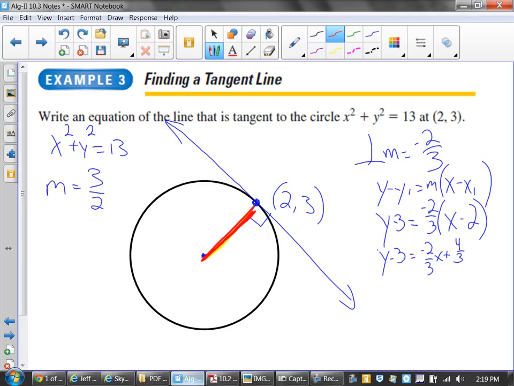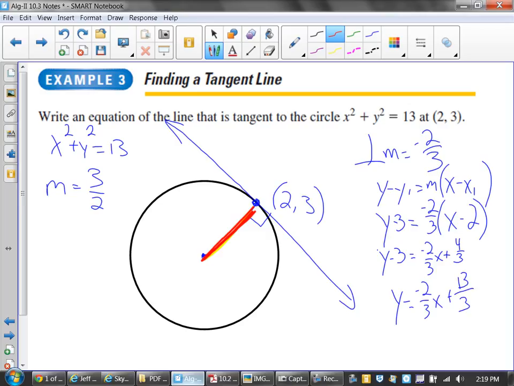Now, when we're dealing with these fractions, and we've done a lot of work lately with fractions, like with the unit circle, we got pretty good at adding common denominators real fast. If I'm going to add to 4/3, what am I going to change the 3 into? 9/3. Very good, 9/3. So what's 4 plus 9? So my final answer is y equals -2/3 x plus 13/3.